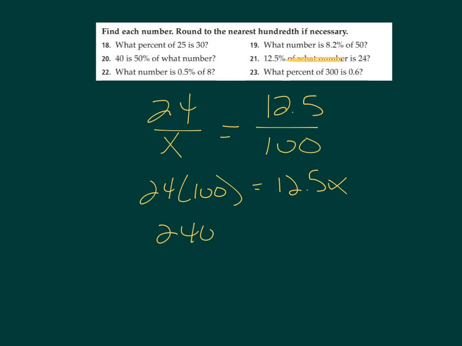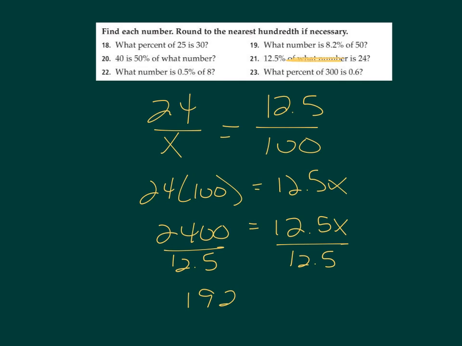This is again going to be 2400 equals 12.5x. I'm going to divide each side by 12.5, and I end up with 192 equals x.